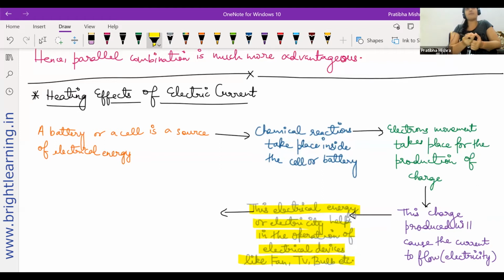So what happens if you switch on the fan, let's say in the morning at 7 a.m., when you start attending school, maybe 8 a.m., and till 1 or 2 p.m., imagine the fan just keeps operating continuously.